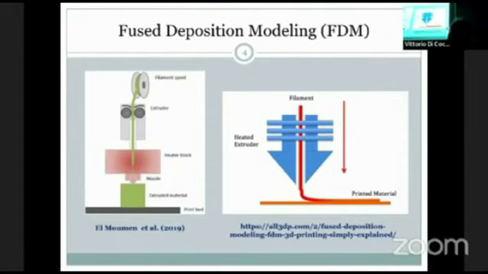Then it arrives in a heater block, it's melted, and then through a nozzle it is deposited onto a plate of the machine. There are many applications, and there are many studies on the mechanical properties of this.